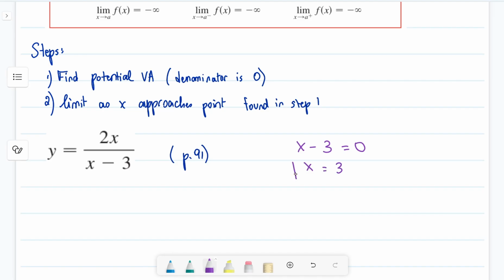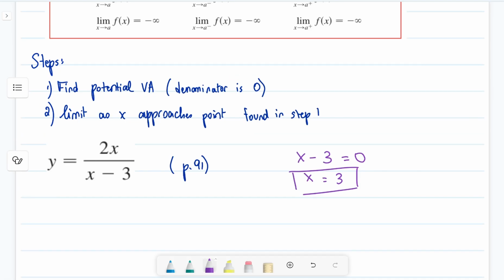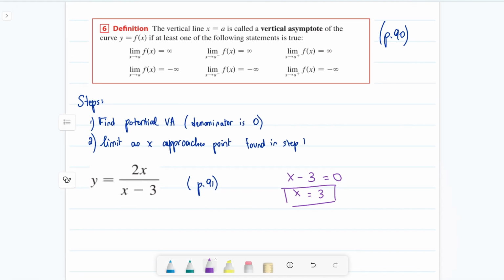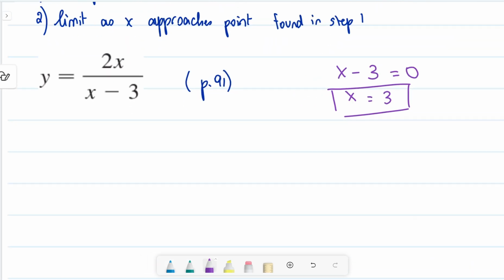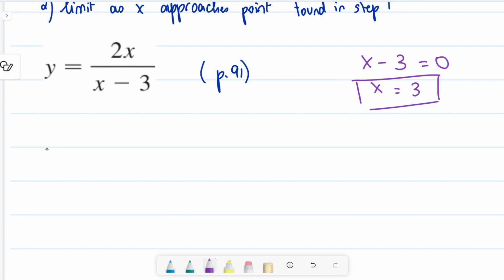We get x equals 3. Now we would like to determine if x equals 3 is an asymptote, particularly a vertical asymptote. So let's find the limit as x approaches 3 of 2x over x minus 3.